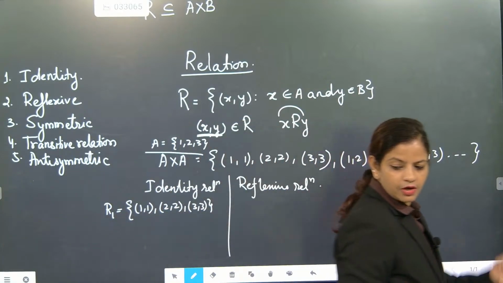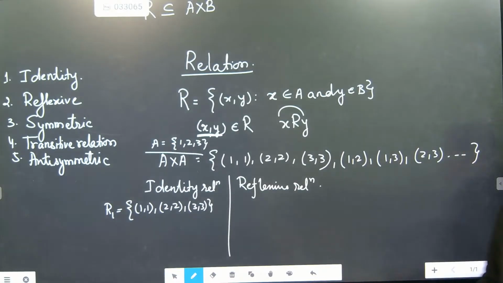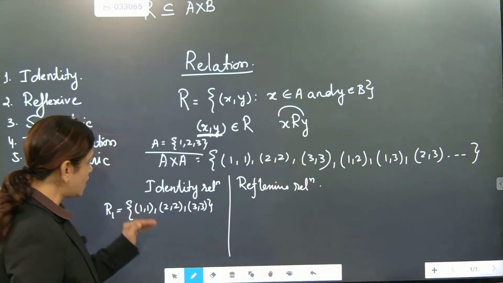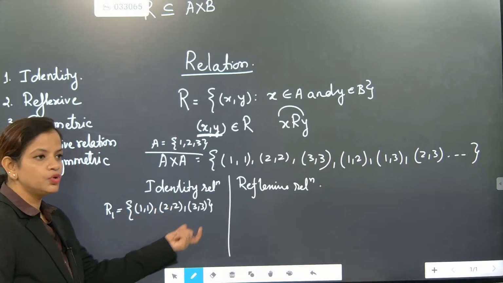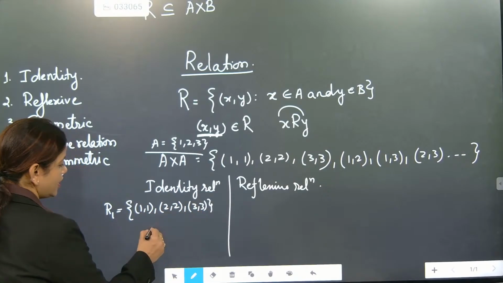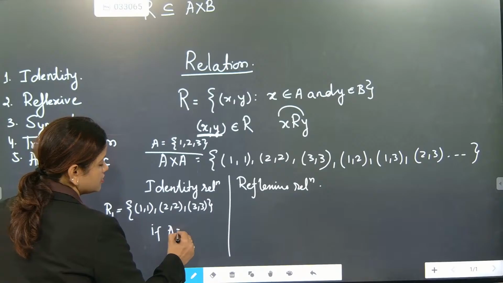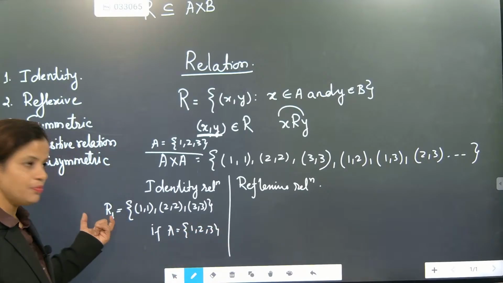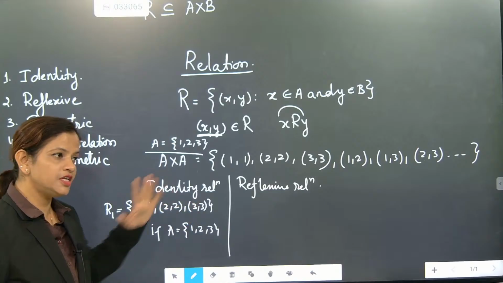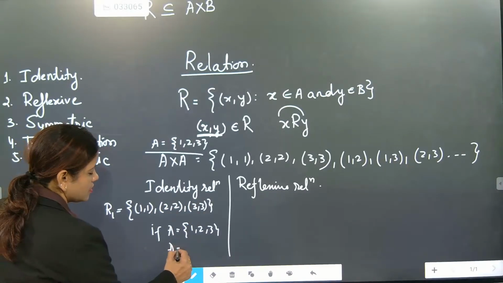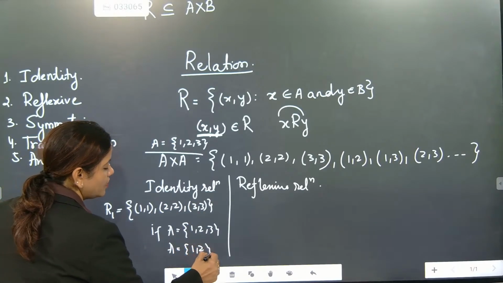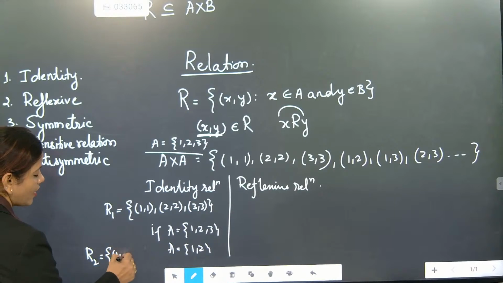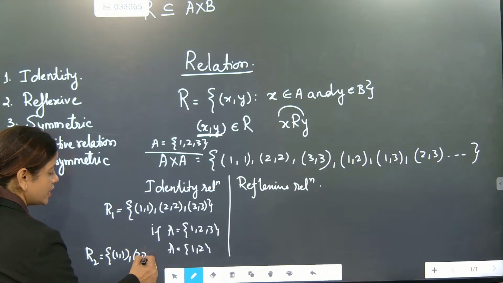Trust me, there should be no other element than 1 1, 2 2, 3 3. If A has 3 elements 1, 2, 3, then the relation must have 1 1, 2 2, 3 3. If A has only 2 elements, 1 comma 2, then the relation must have 1 1, 2 2 only.